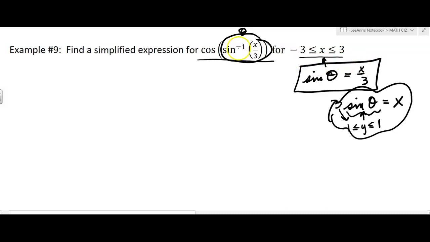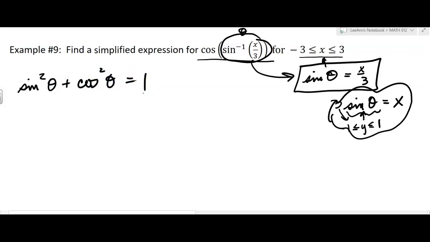When we say the inverse sine of x over 3 is equal to theta, we mean the sine of theta is equal to x over 3. Well, what we can do is use our Pythagorean identity. The Pythagorean identity says sine squared theta plus cosine squared theta equals 1.